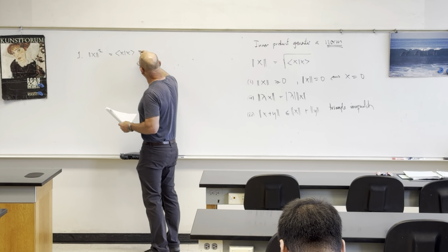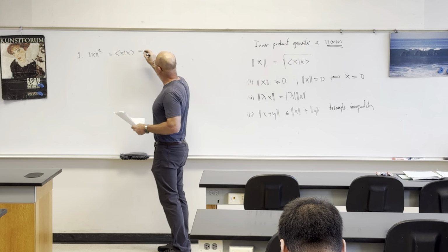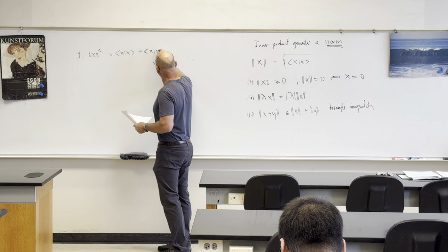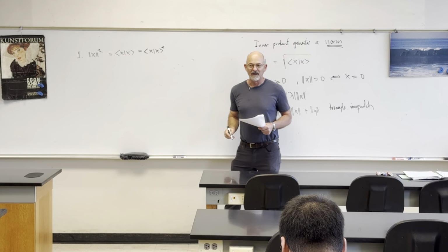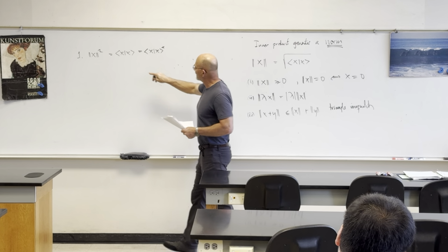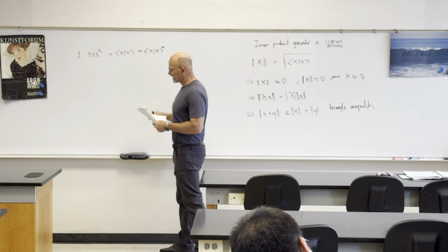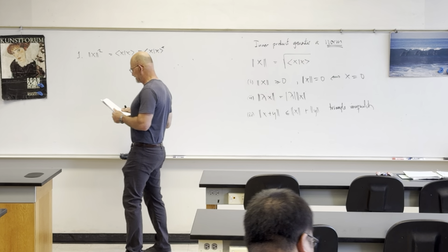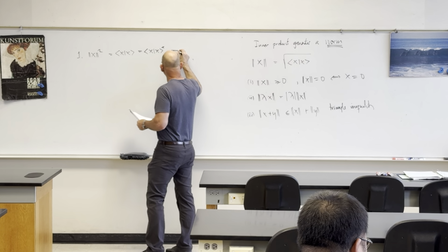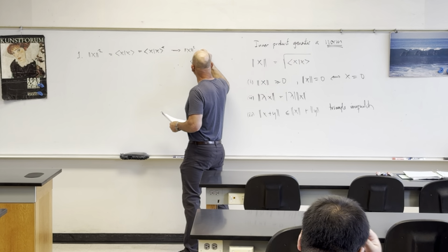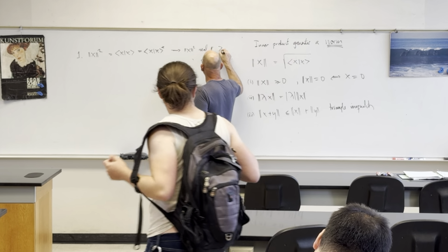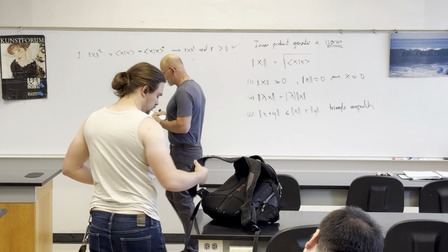And because of the definition of the inner product, that's equal to the complex conjugate of itself as well, because I'm just reversing the order of the identical vectors. And this tells us the norm squared of x is real and positive. So we get that from there.